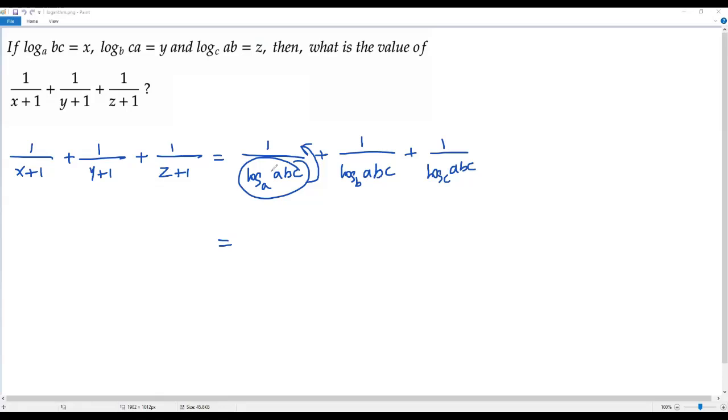Whenever I move a logarithm from the numerator to the denominator or from the denominator to the numerator, I have to switch the argument and base of the logarithm. The base becomes the argument, and the argument becomes the base.